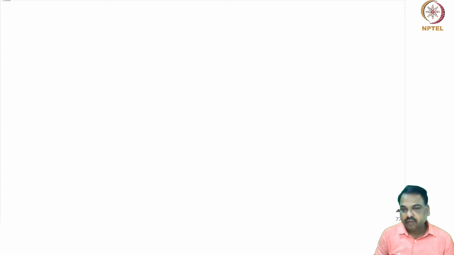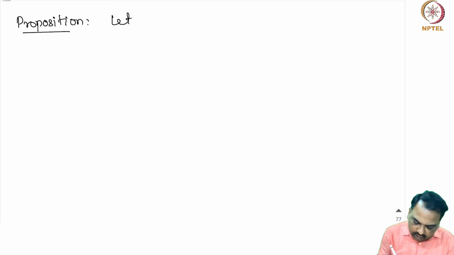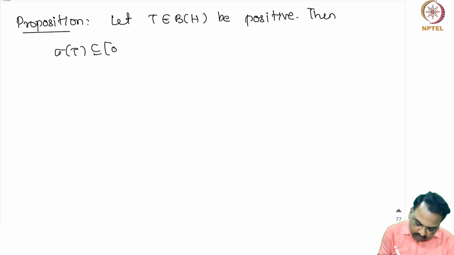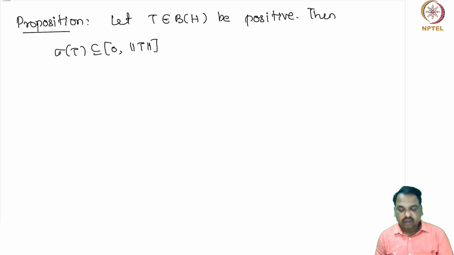Now if T is a positive operator, then we can conclude that the spectrum of T is a subset of the positive real line. So, proposition: let T be a bounded operator which is positive, then we can say that the spectrum of T is contained in the closed interval [0, norm T].